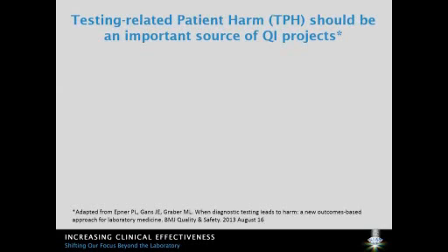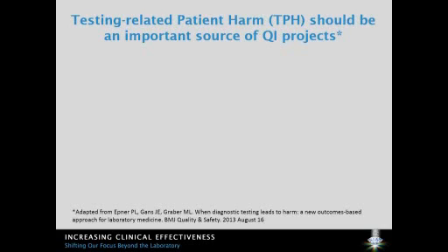Now, I'd like to focus a little bit more about testing-related patient harm, because that should be where you go to determine sources of QI projects. As I said, we can control the harm we do, and by analyzing that harm and measuring hemolysis, measuring unlabeled vials, those things have the potential to cause harm, but they don't by themselves cause harm.